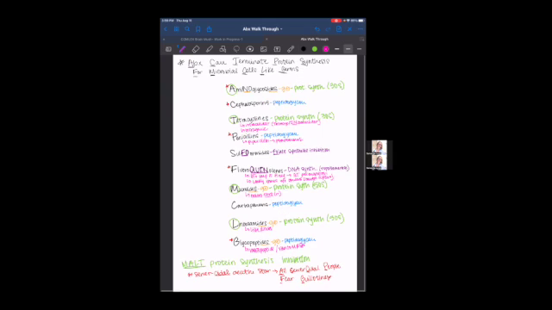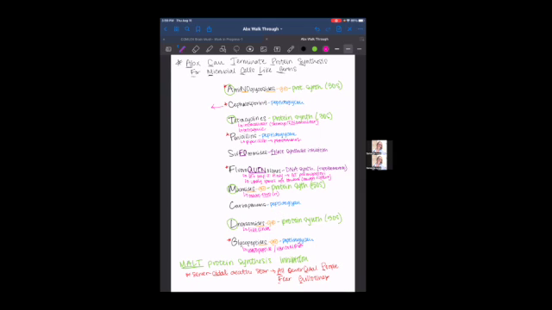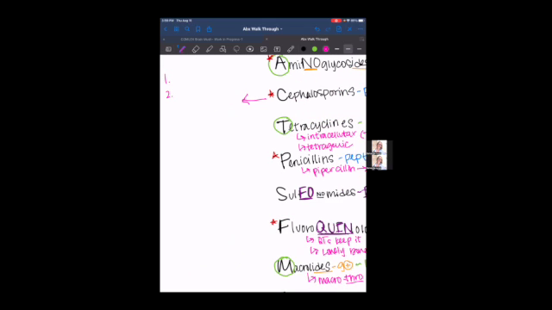And then again, for the cephalosporins, we've got our five classes, 1, 2, 3, 4, and 5. Got our PEC, HENS PEC, ceftriaxone, ceftazidime, I always spell this wrong, and ceftazidime is Pseudomonas, so we'll just put pseudo.